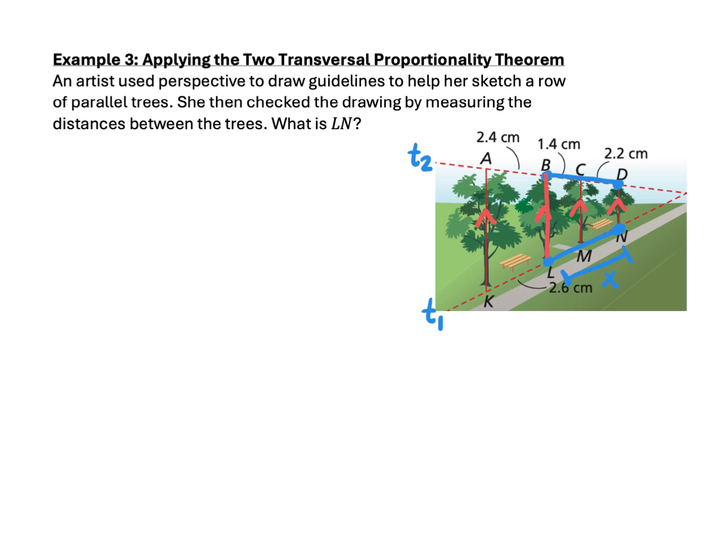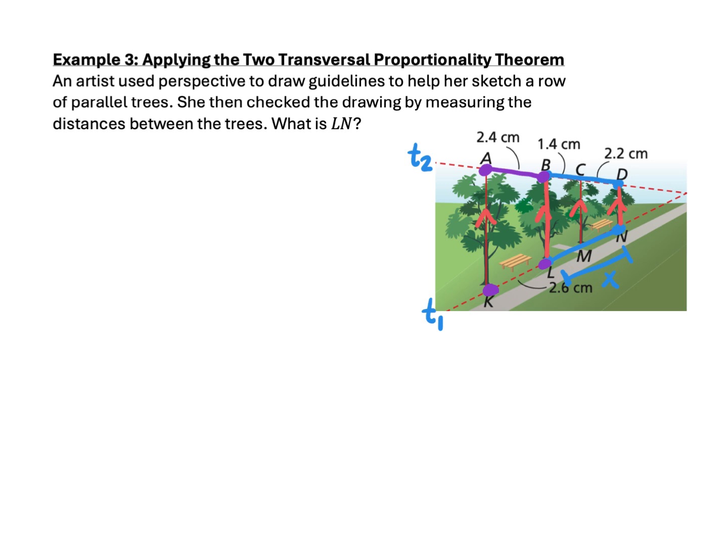I'm looking at BL and DN. Then we can also look at this 2.4, and notice that I do have a match for the 2.4 on the other side.